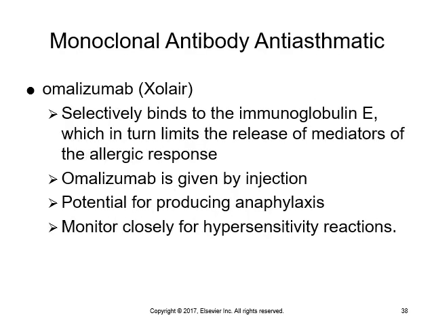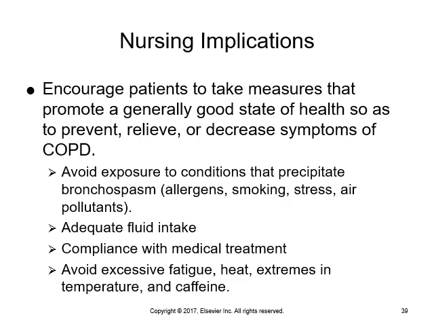Monoclonal antibody, anti-asthmatic, so Xolair is what we're talking about here, selectively binds to the immunoglobulin E, which in turn limits the release of mediators of the allergic response. Xolair is given by injection, with the potential for producing anaphylaxis. We have to monitor closely for hypersensitivity reactions.